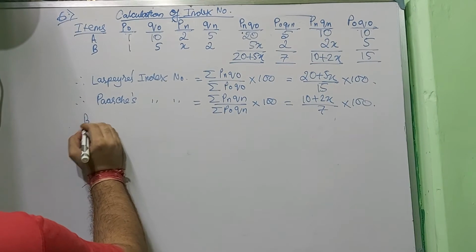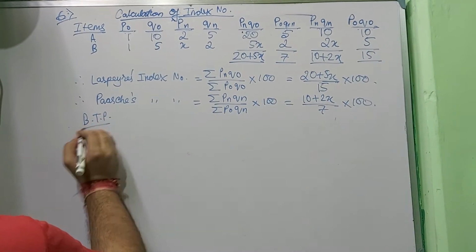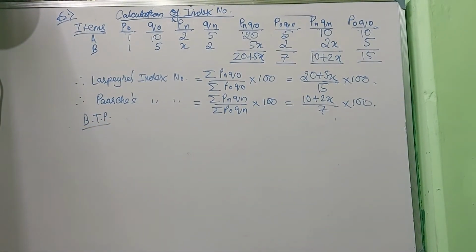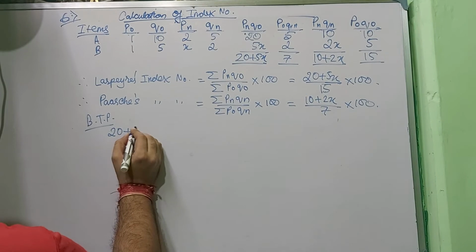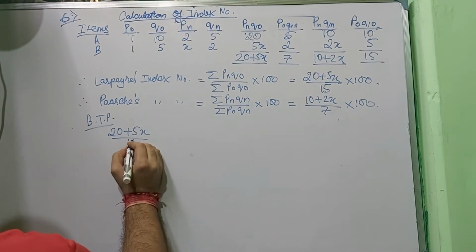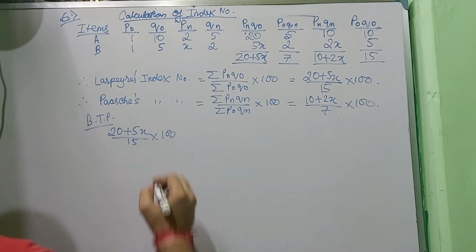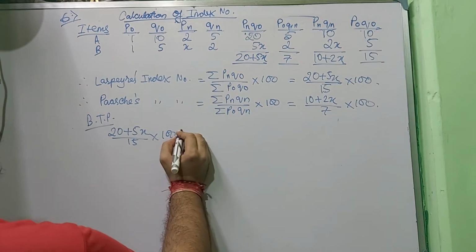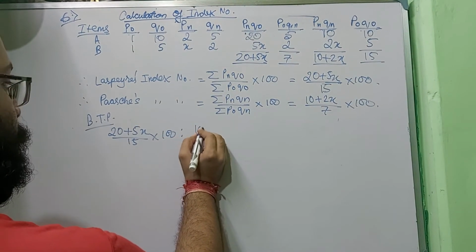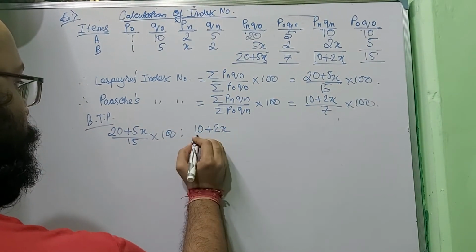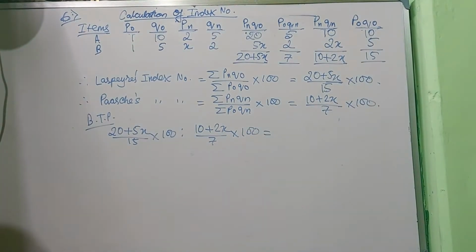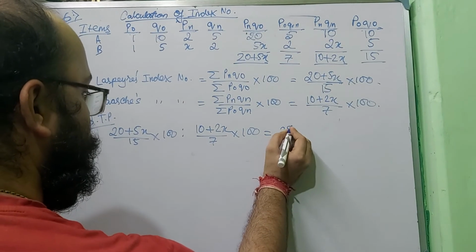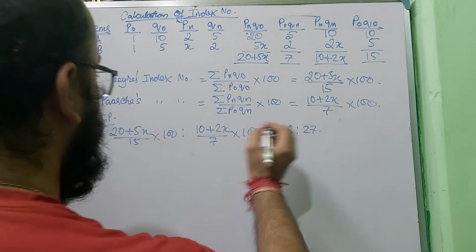Now, by the problem, it has been given that Laspeyres is to Paasche is 28 is to 27. So by the problem, 20 plus 5x by 15 into 100 is to 10 plus 2x by 7 into 100 is equal to 28 is to 27. Okay?